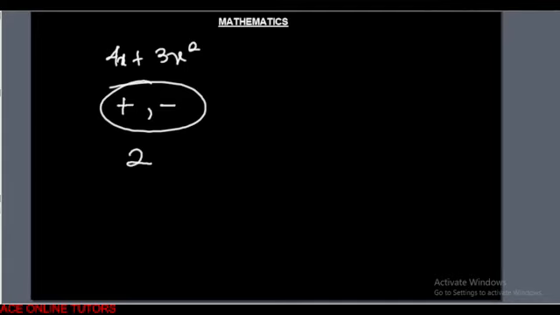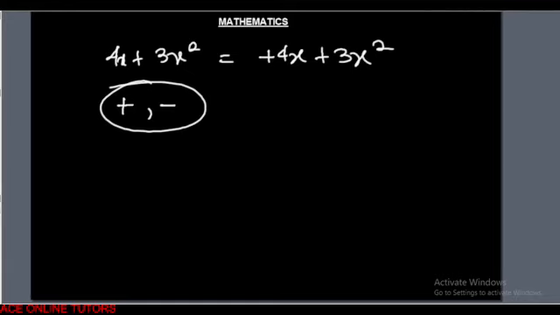If it is not a positive number, then I will tell you by putting a negative sign. So any number that you write without any sign is automatically a positive number. That means we can write this as plus 4x plus 3x squared.